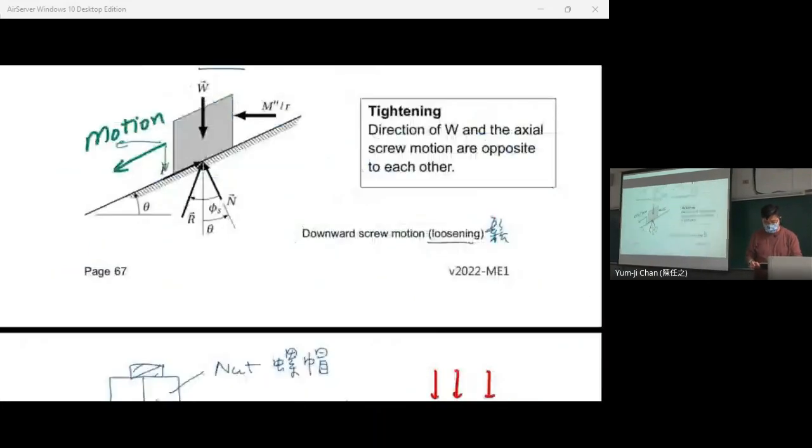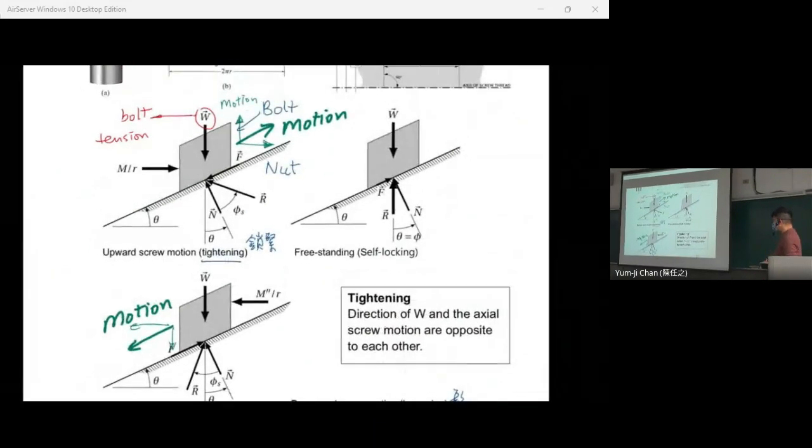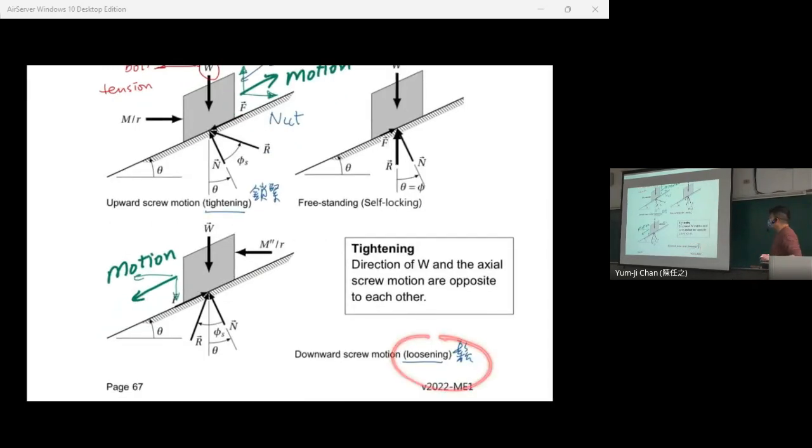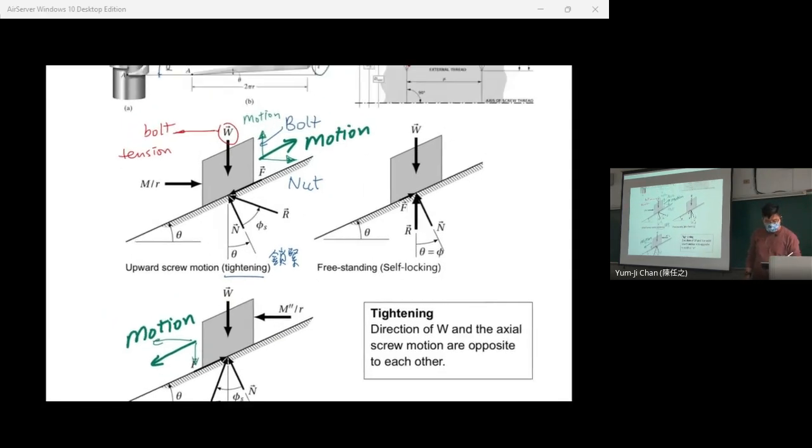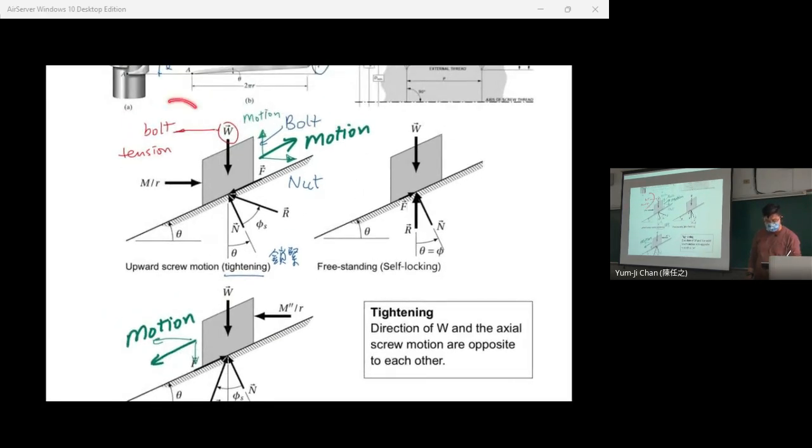Now we go back to the last page, and last Thursday we talked about what is tightening and what is loosening. Tightening, loosen. Now in screws, the bolt tension will exert a force of W onto the surface, and if the actual motion, which is this part, is opposite to W, then we say it is tightening.